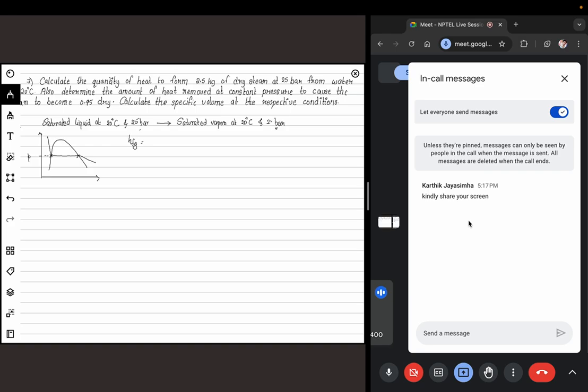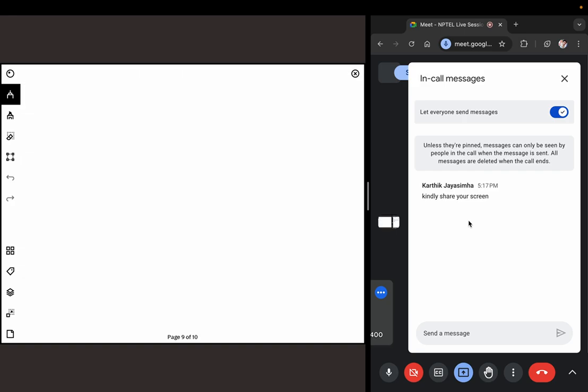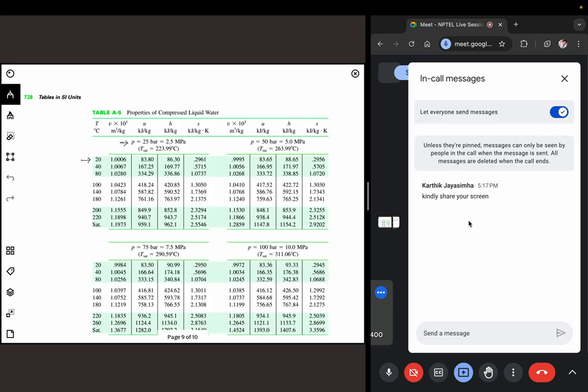We'll directly use the values from there. At 20 degrees Celsius and 25 bar, you have the value of H to be 86.3. So what are we doing? We'll use this value of 86.3.